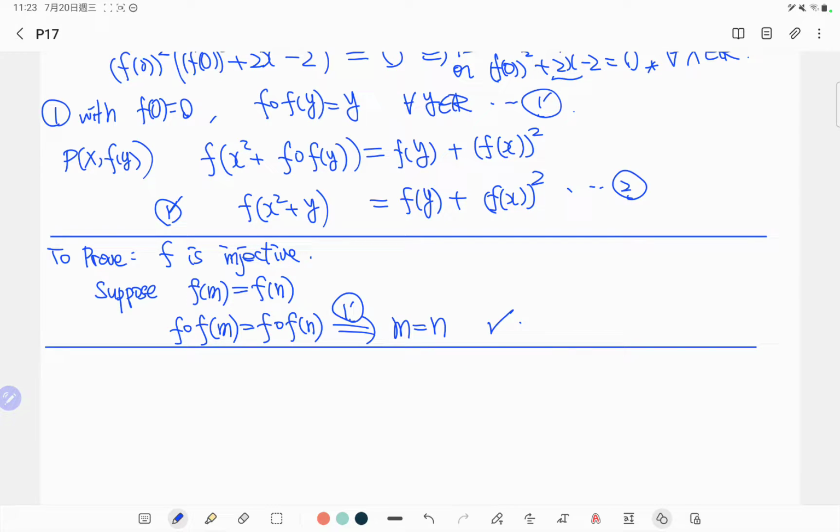So let's move on to the second property. Okay, to prove f is strictly increasing.